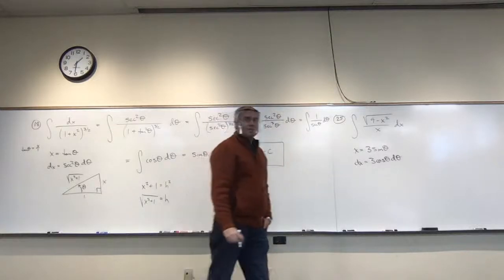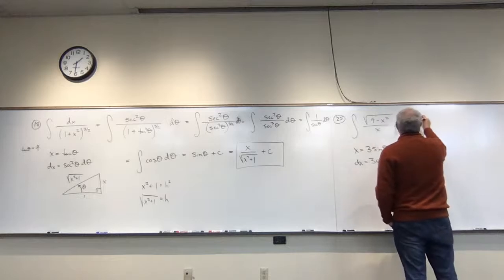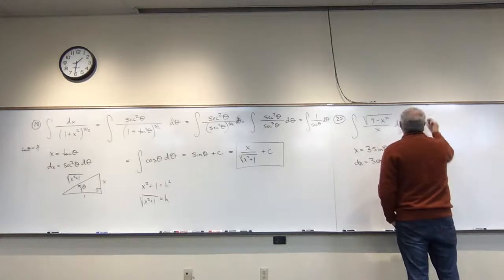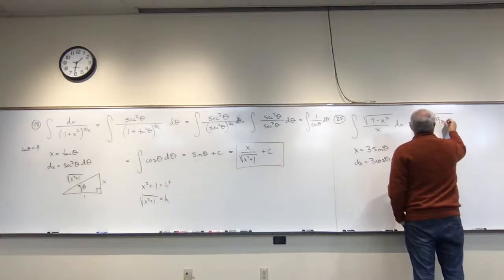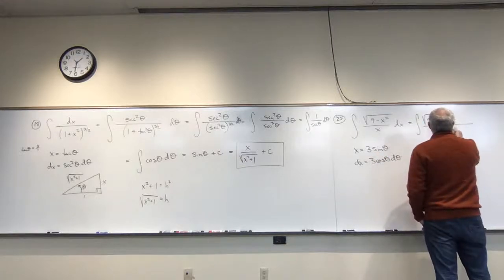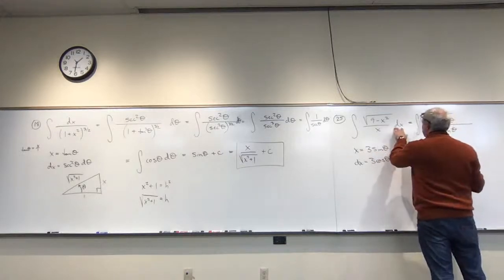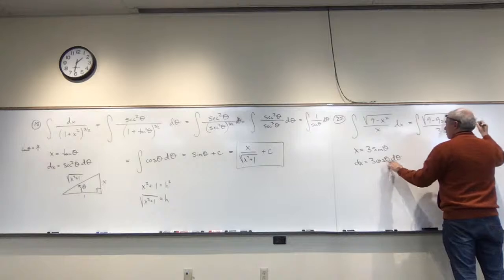Now I can make my substitution, and I get the integral of the square root of 9 minus 9 sine squared theta, divided by x, which is 3 sine theta. And on top, I still have dx, so I get times 3 cosine theta d theta.